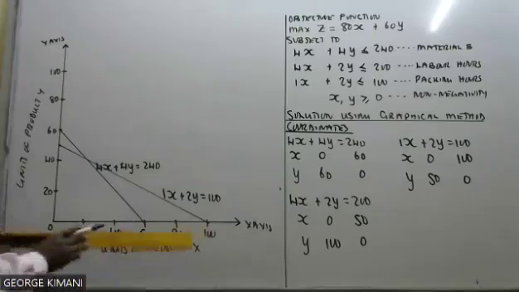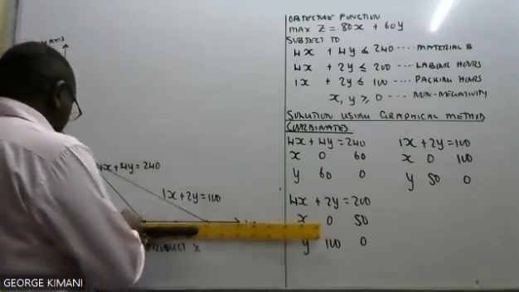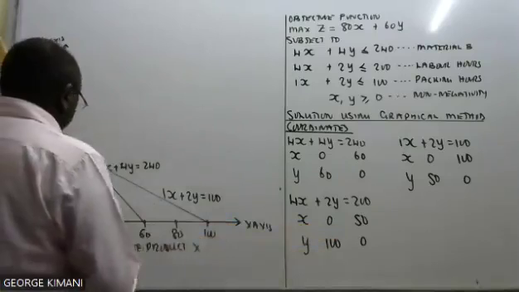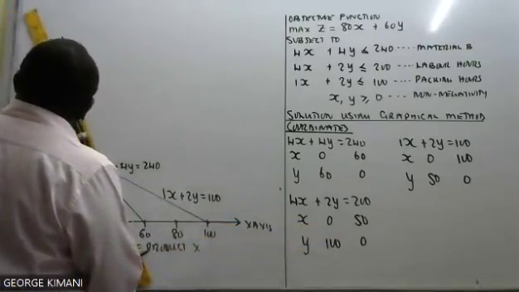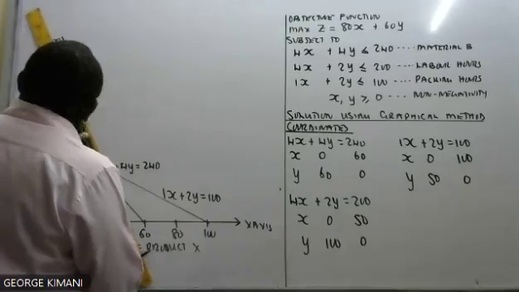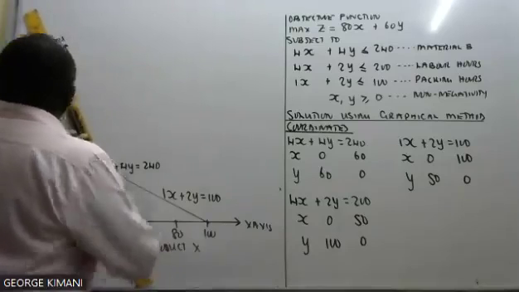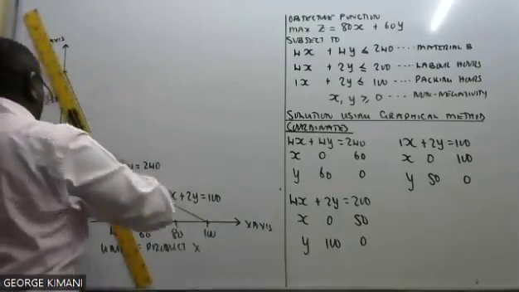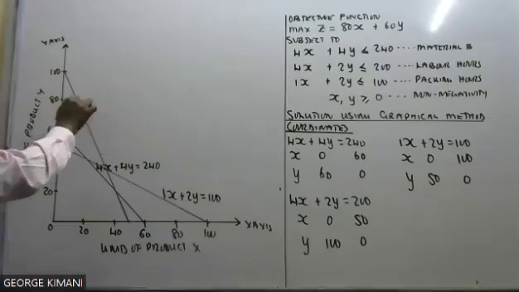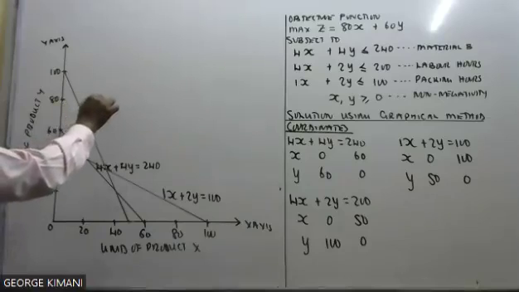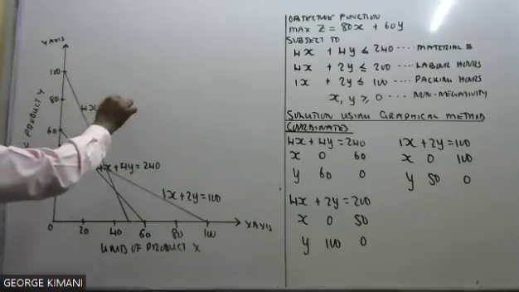And the other one is 50, 100. So 50 is here. This is 4x plus 2y is equal to 200.